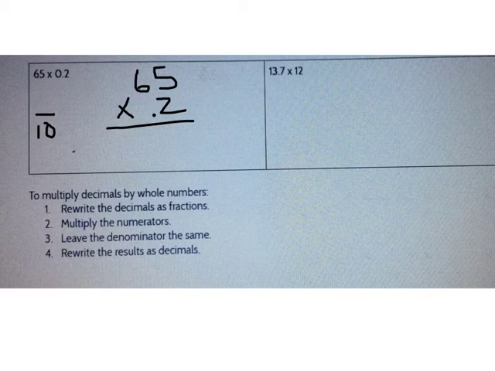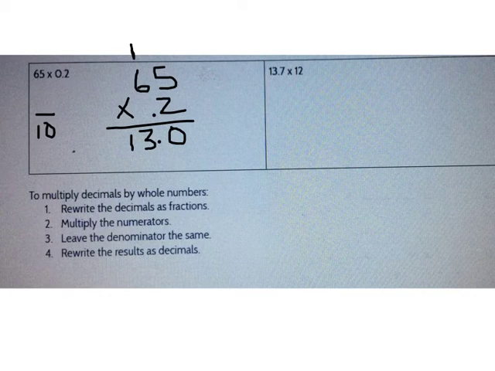Well, 2 times 5 is 10. 2 times 6 is 12, plus 1 more is 13. 65 times 2 is 130. How many digits need to be behind the decimal? 1, because my answer needs to be in the tenths place. My answer is 13.0.